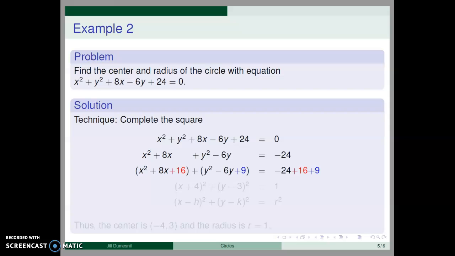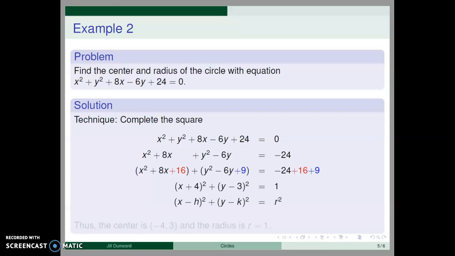We now have two perfect square trinomials on the left-hand side of the equation. The first is the quantity (x plus 4) squared, and the second is the quantity (y minus 3) squared. Notice that in both cases we have the variable plus b over 2, quantity squared.